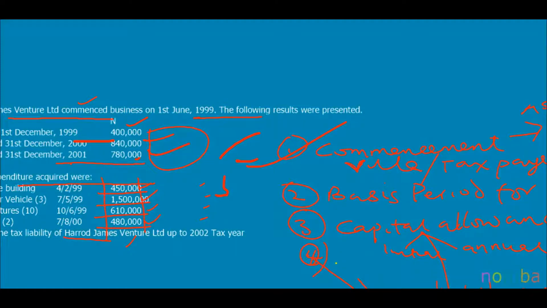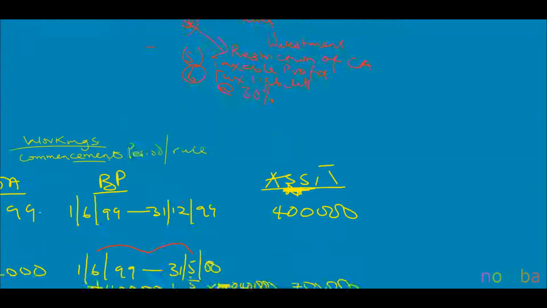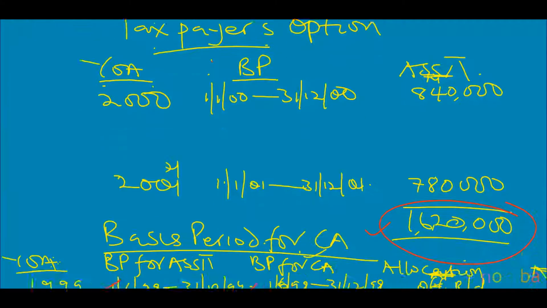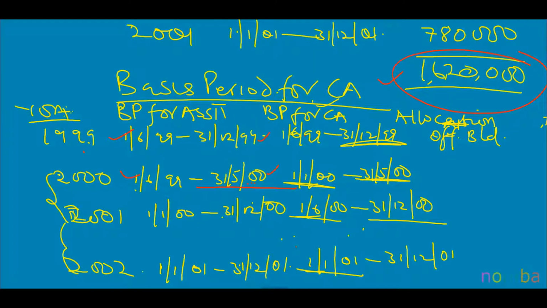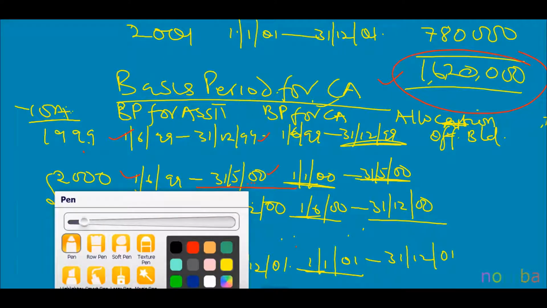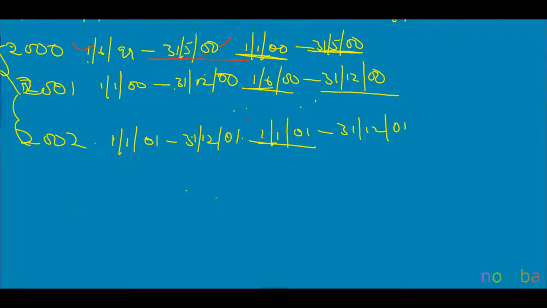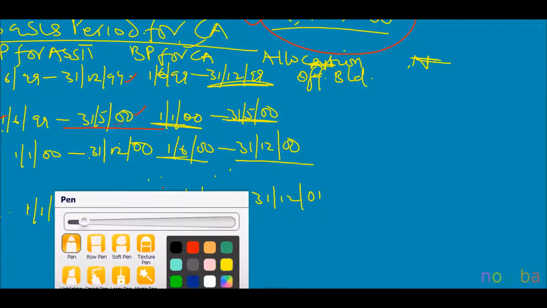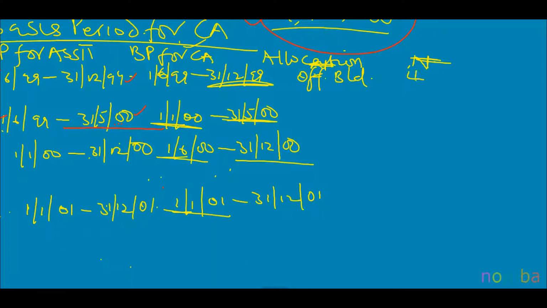And we see there 450,000. So go back and put 450,000 there.